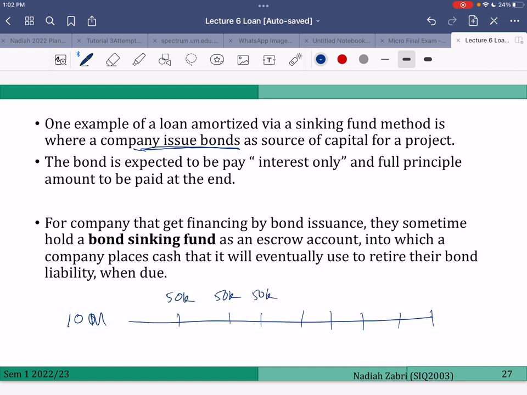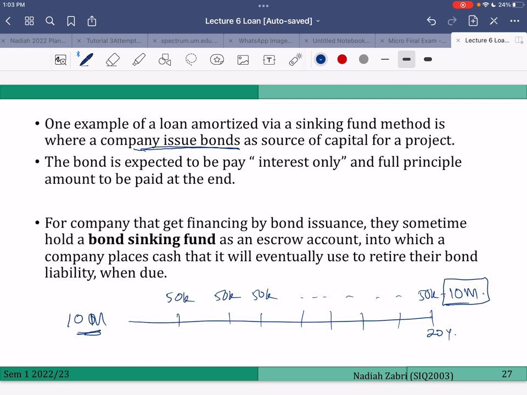I hope I calculated it right. At the end, you will pay 50k plus the principal amount. When the maturity period is reached, maybe 20 years, they will have to fork out a lot of money to pay off their liability.